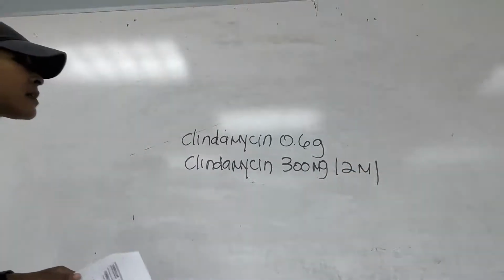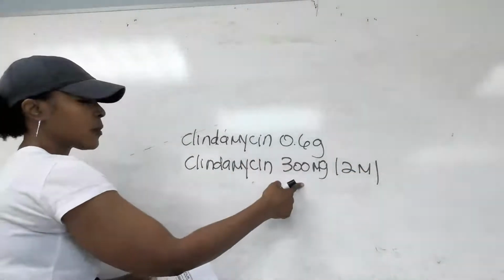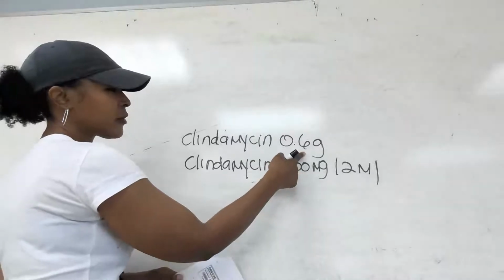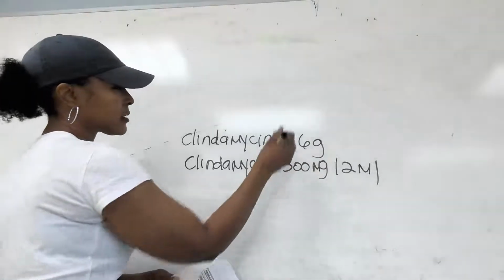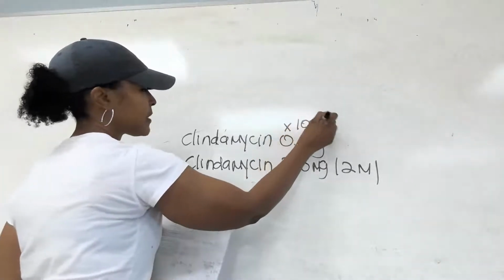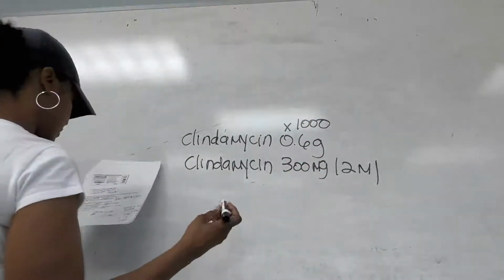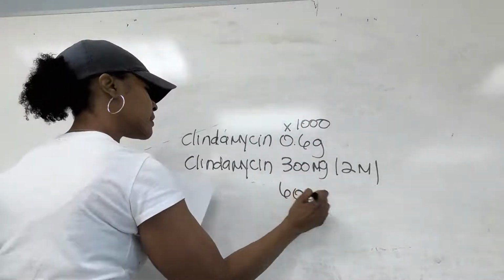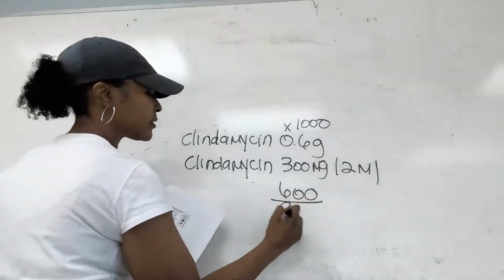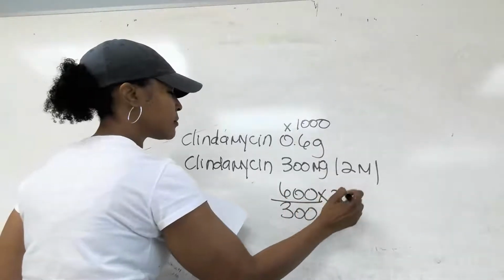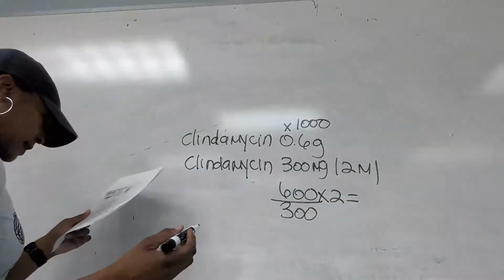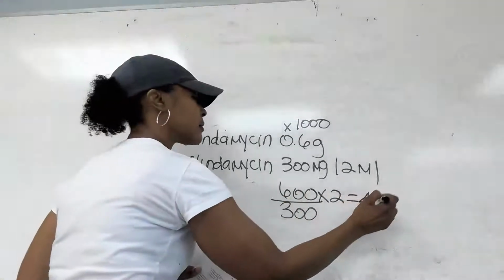So we should always convert the order to what we have on supply. We're converting grams to milligrams, going from largest to smallest. Multiply by 1,000, and we come up with 600 divided by 300 times 2. And that gives us 4 milliliters.